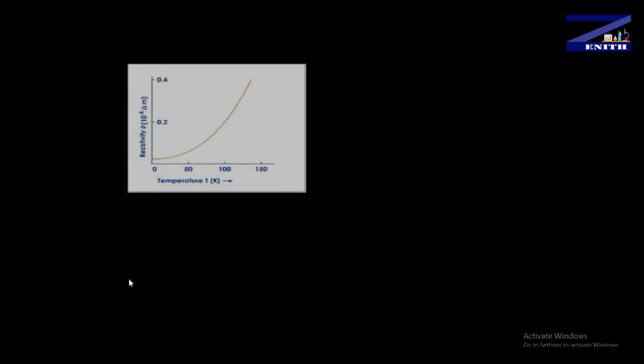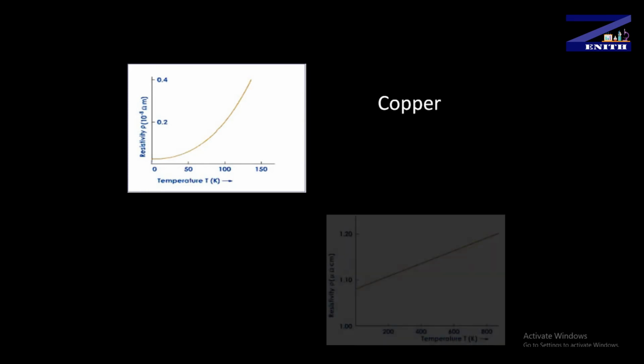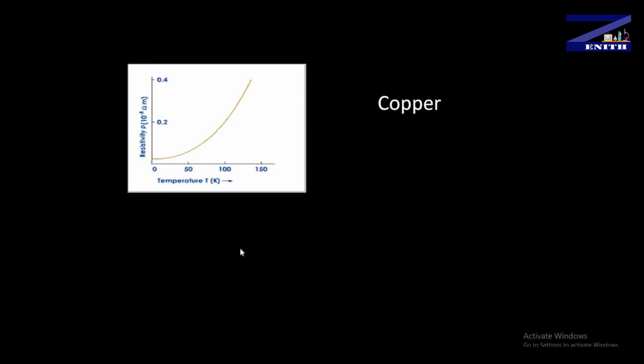So now let's see the relation between the resistivity and the temperature by the graph. This graph or this figure is for copper. At low temperature, the resistivity of a pure metal increases as a higher power of temperature. This can be shown for copper. Now let's see for nichrome.